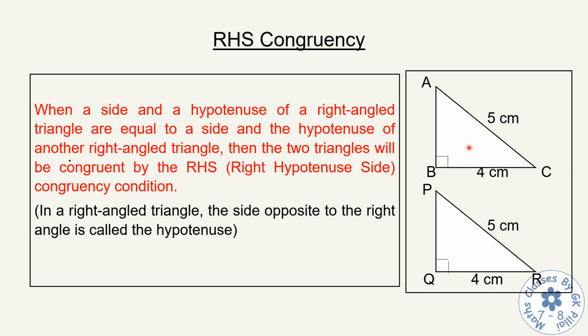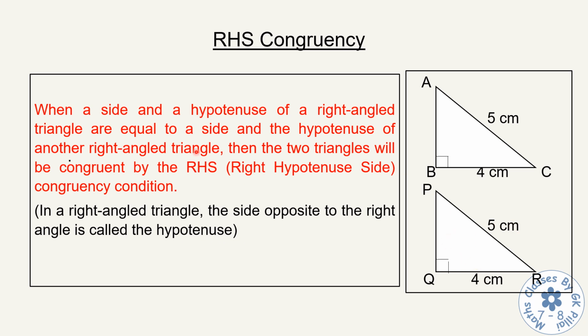Basically, these two are right triangles because 90 degrees each, and the side opposite to 90 degrees, we call it the hypotenuse. So AC is the hypotenuse of this and PR is the hypotenuse of this triangle. Definitely these two lengths will be more than the other two sides.